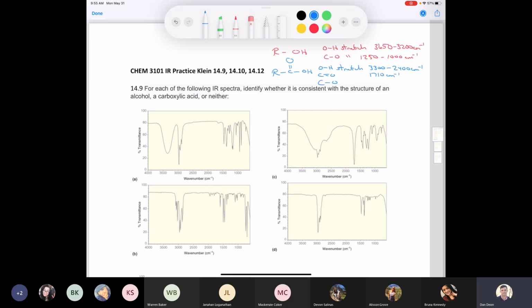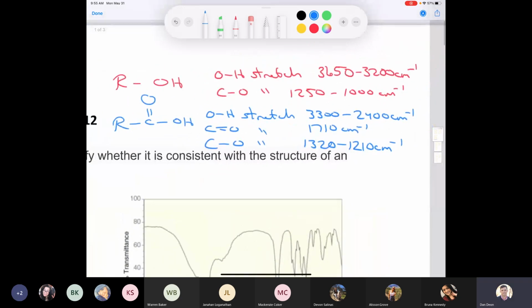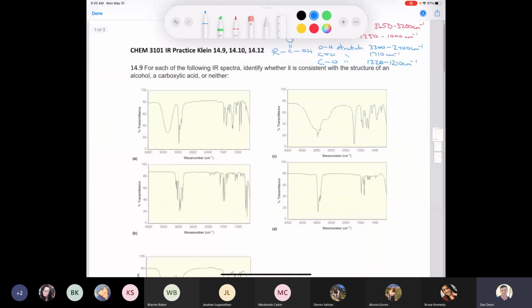And lastly, the carbon-oxygen stretch is going to be somewhere between 1320 and 1210 reciprocal centimeters. So we're going to use all of this information to help us determine whether we're dealing with an alcohol or a carboxylic acid in these spectra.